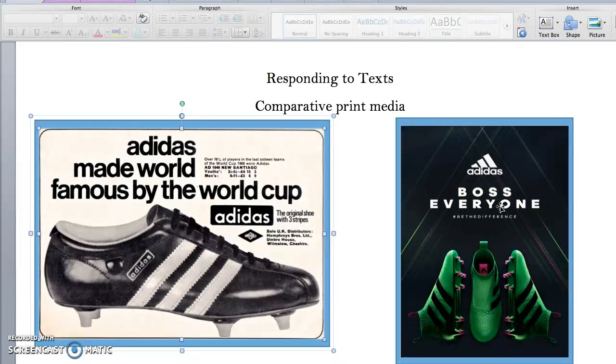Why? What's the effect of capital letters? It's compelling, it's authoritative. And what's it saying? It's saying, boss everyone, be the difference. It's compelling command language, and the use of capital letters reinforces that. Here, this use of sans serif lowercase would have actually been really quite out there at the time.